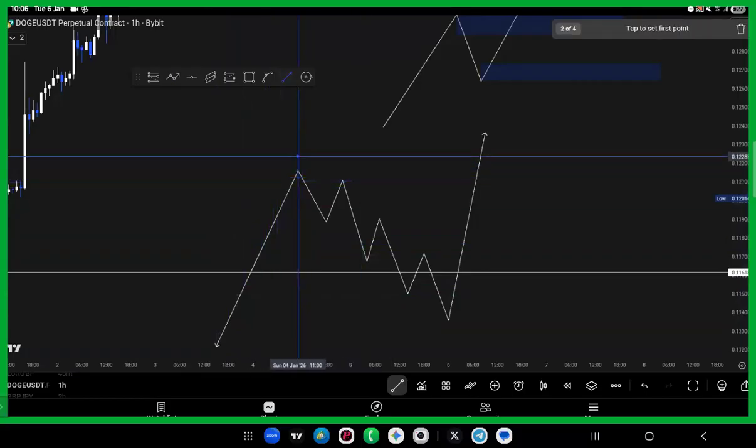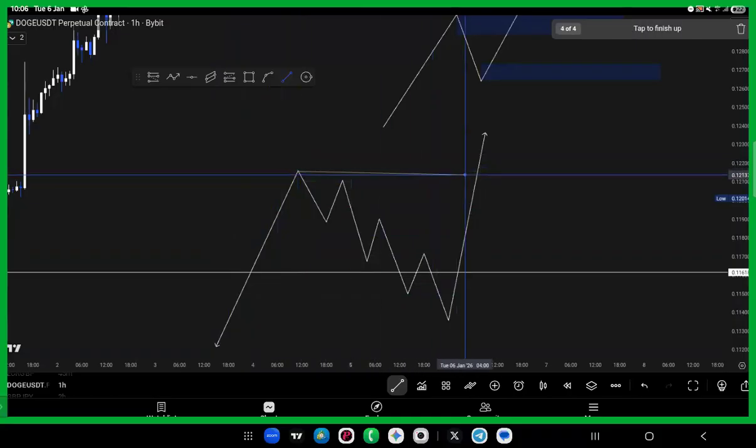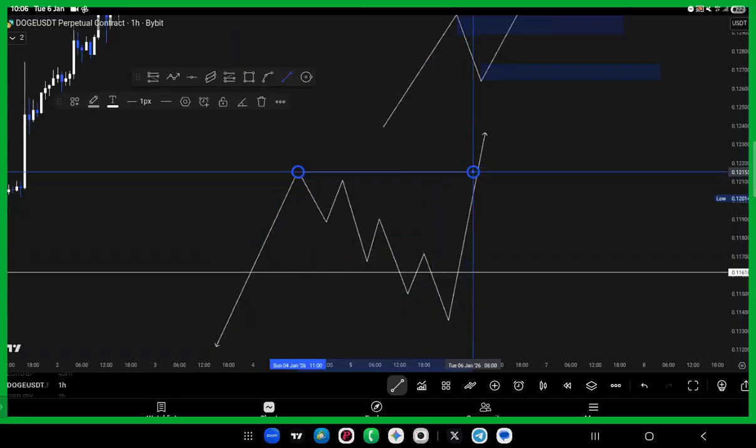So here's our break of structure, right? Now, many of you might have ended up in such a situation in the market before. It's time to make it clear, right?